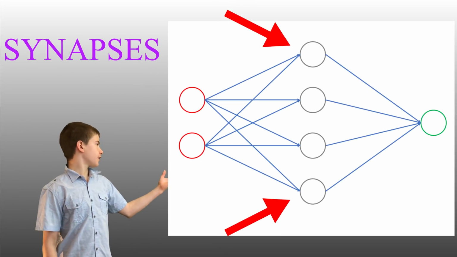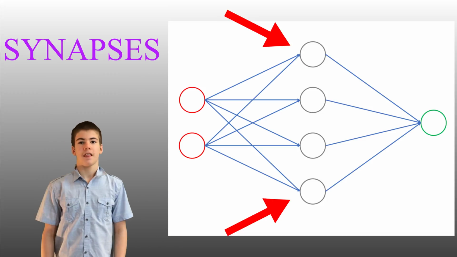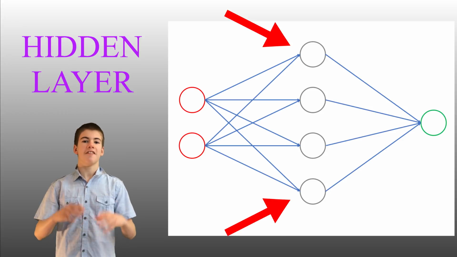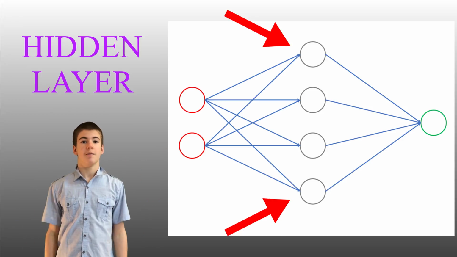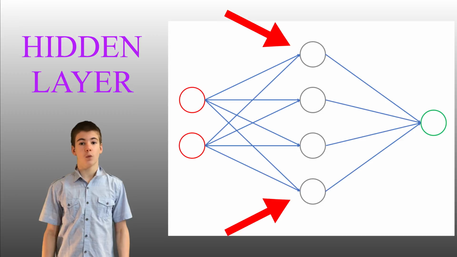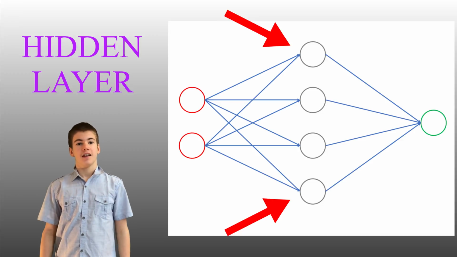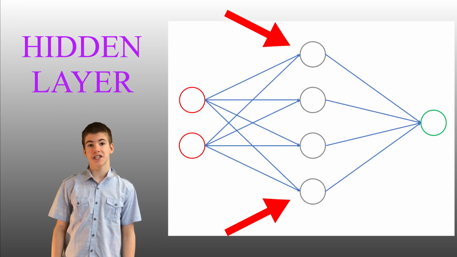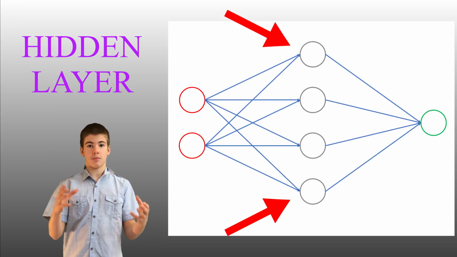Here we have another layer of neurons. This layer is known as the hidden layer. In a big neural net, you will have many of these. But for our model, we will only have one hidden layer. In the hidden layer, the different neurons allow you to fine-tune the relationship between inputs and outputs.